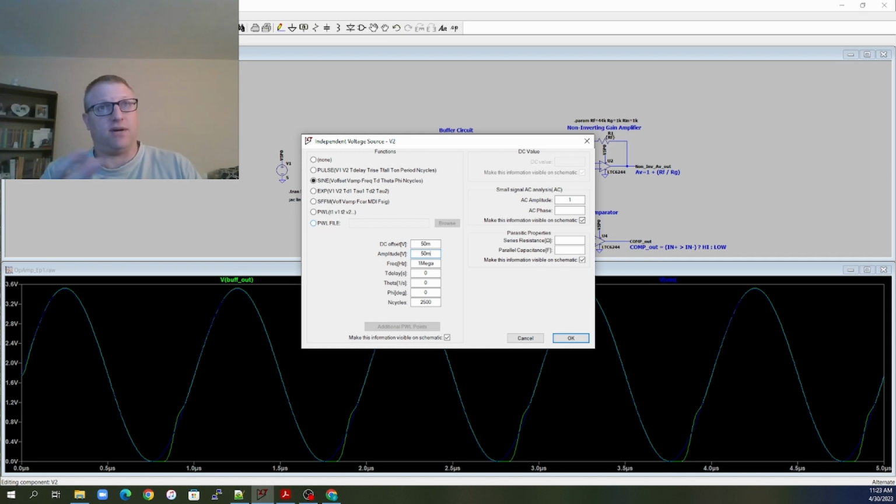It'll give us a 0 to 0.1 volt sine wave. And we got a 44 gain. So 0.1 volt times 44 equals 4.4. So we should be able to see on the input 0 to 0.1 volt, and then on the output, we should be seeing 0 to 4.4 volts.